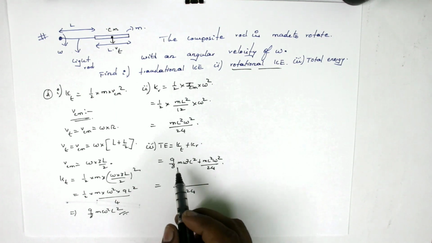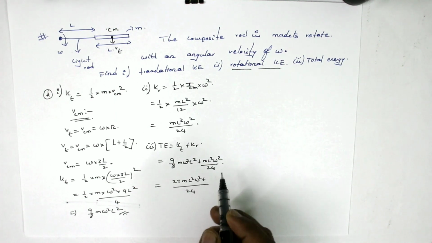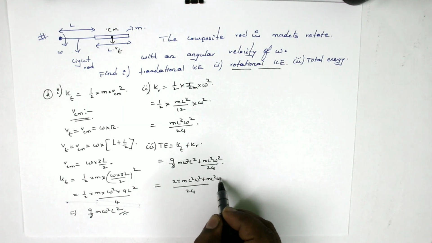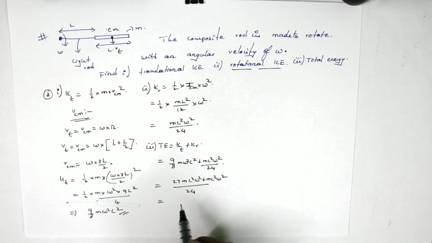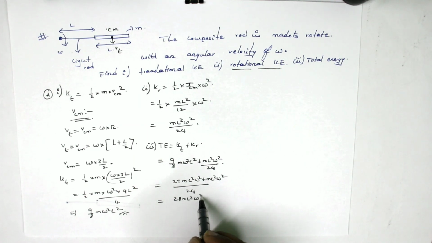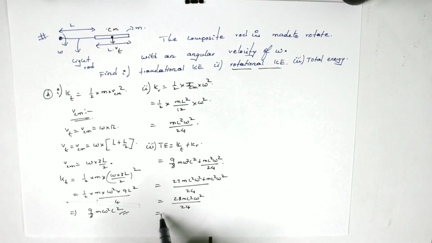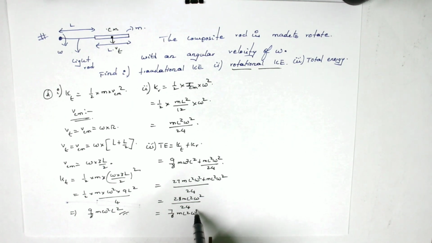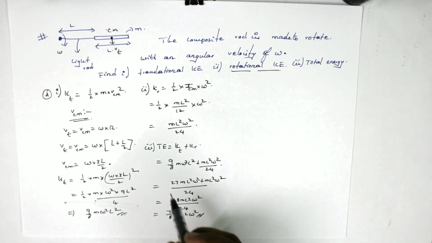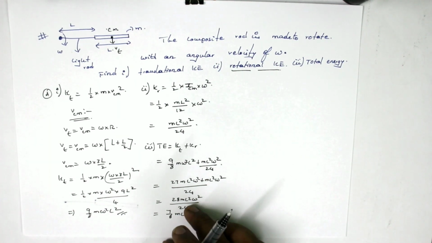So 8 3s are 27 m L square omega square plus ml square omega square. So this is nothing but 28 m L square omega square divided by 24. If I do this calculation, then it should be equal to 7 by 6 m L square into omega square. So this is the answer which I will get for the total kinetic energy of this rod.